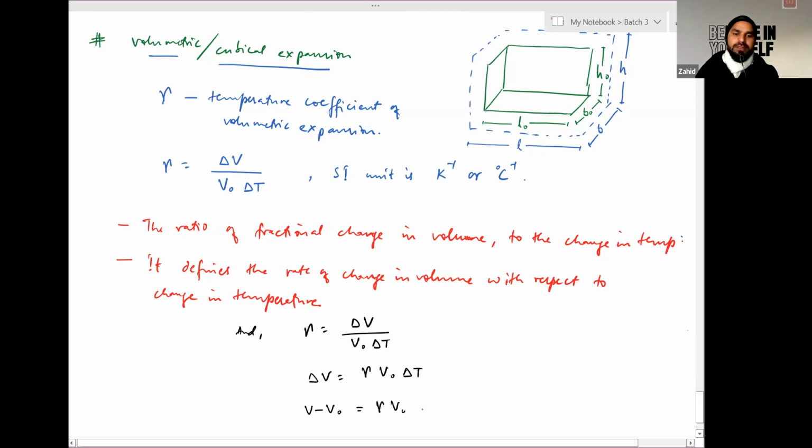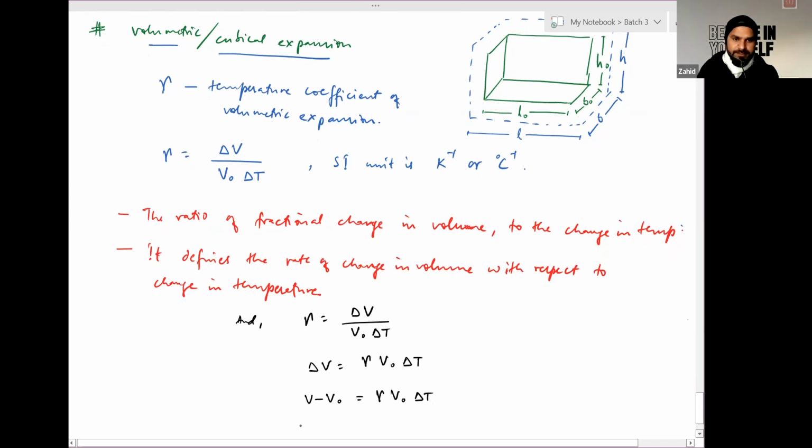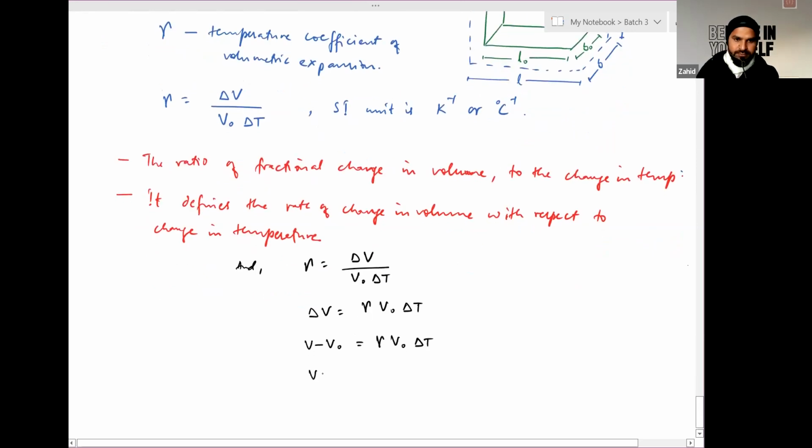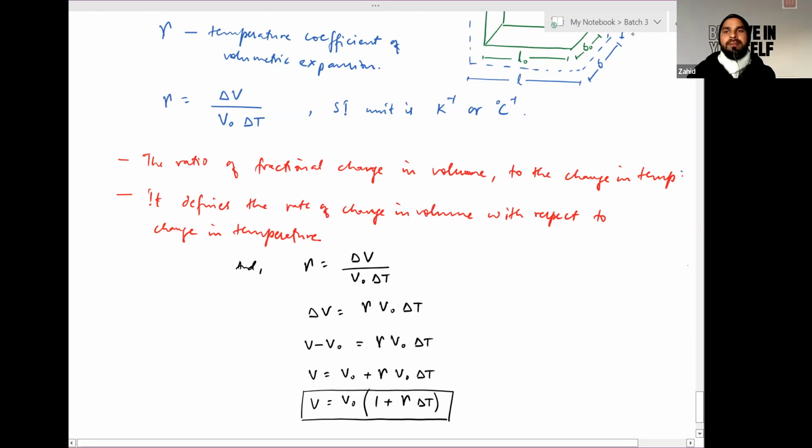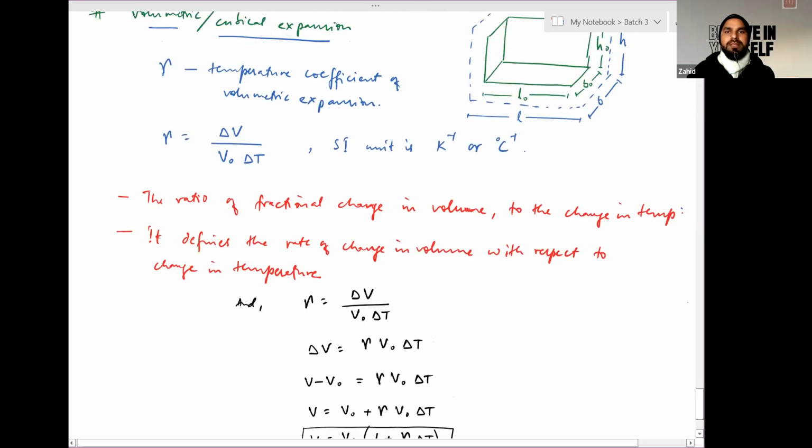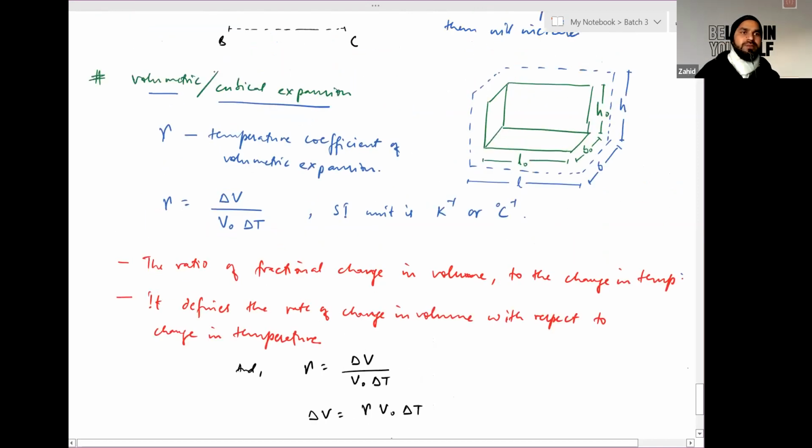Move V naught to the right side, so V equals V naught plus gamma V naught times delta T. Take out V naught as common, so final volume equals V naught times 1 plus gamma delta T. First, write it down to this part. Then I'm defining different conditions.